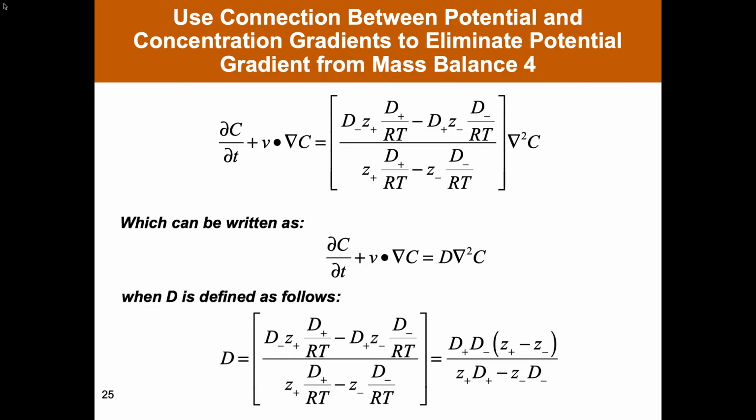And if you simplify that down just a little bit, the effective salt diffusion coefficient depends on both the cation and anion diffusion coefficients in the system. Now, this assumes that there is not a big discrepancy between the concentrations of cations and anions in ion exchange membranes, some of which we talked about earlier.